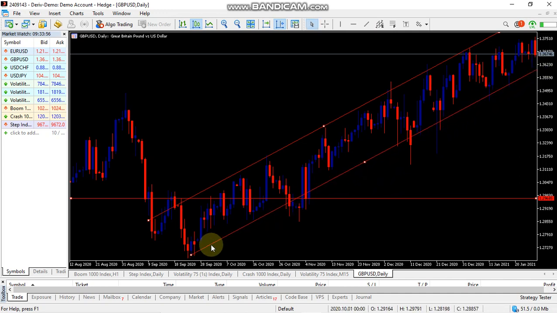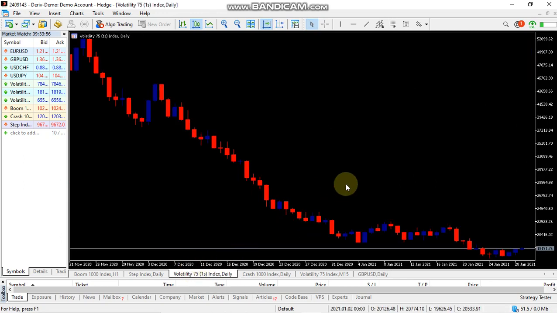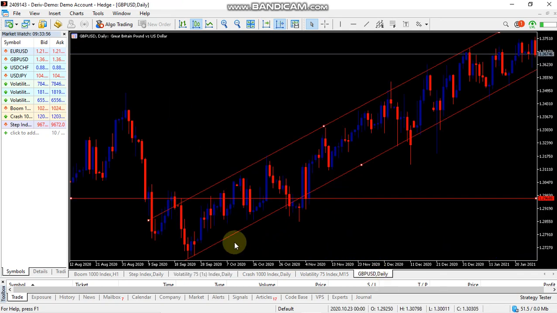So the lower trend line is around here, but basically if you want it to be more accurate, we bring it down a little bit so that we align accurately.